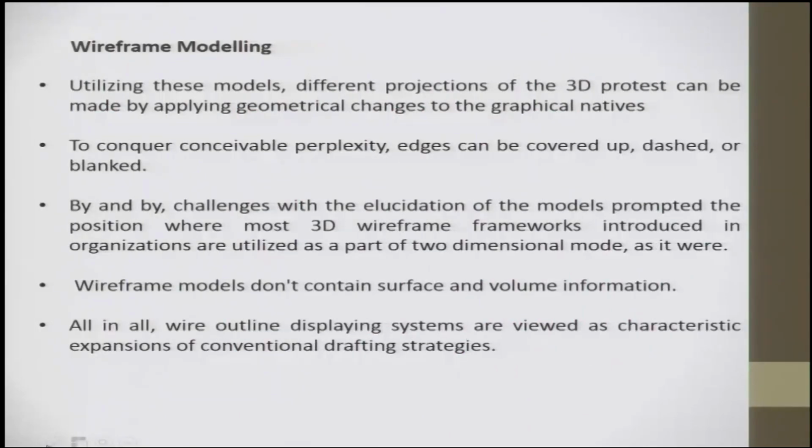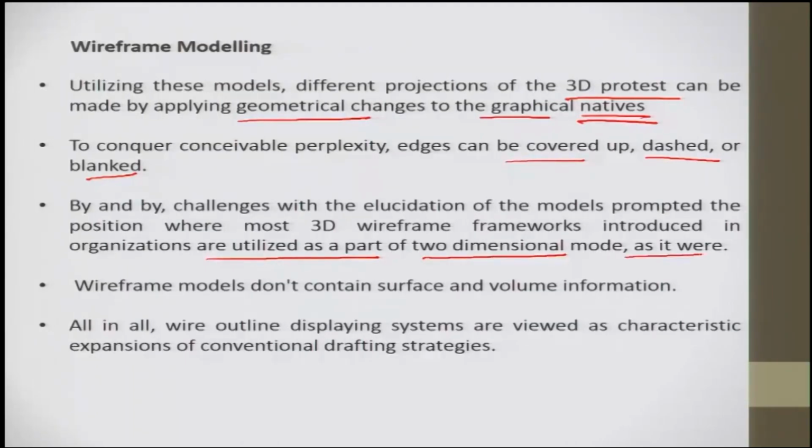So, using these models, different projections of the 3D object can be made by applying geometrical transformations to the graphical primitives which were previously there. To overcome the possible confusion, edges can be hidden, dashed or blanked. In practice, difficulties with the interpretation of the models led to the situation where most 3D wireframe systems installed in the organization are used in two-dimensional mode only. The wireframe models do not contain surface and volume information.